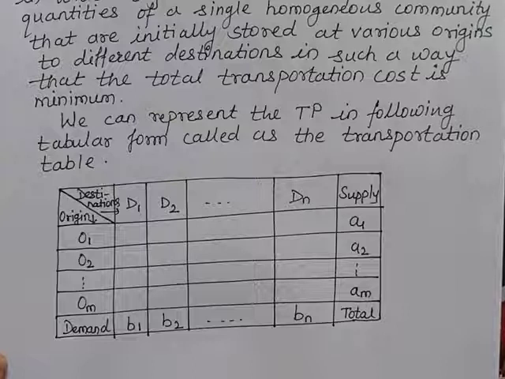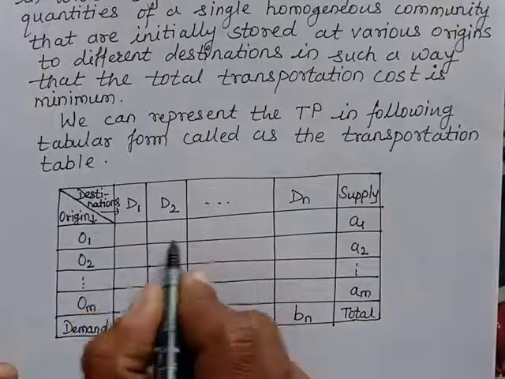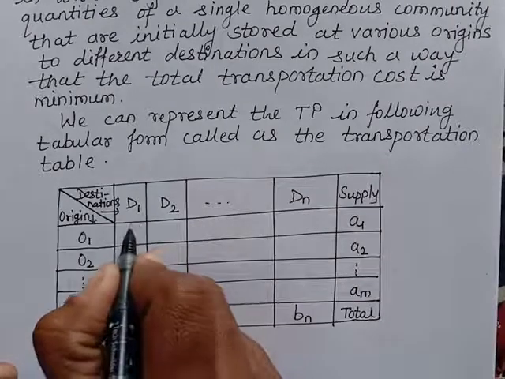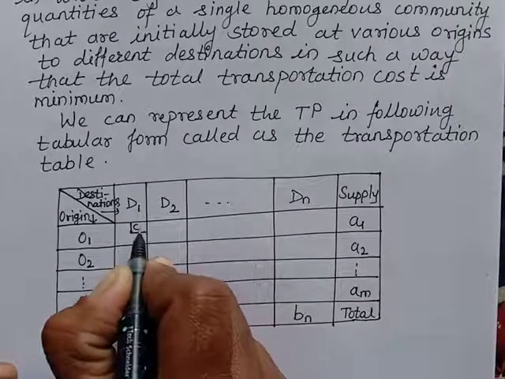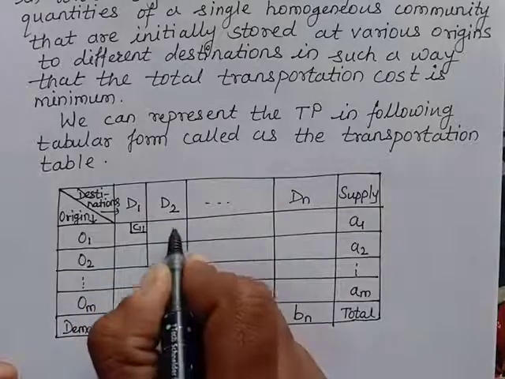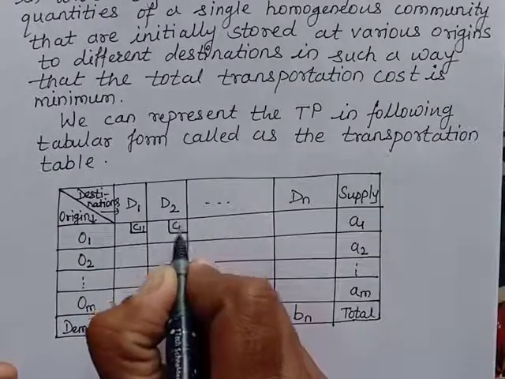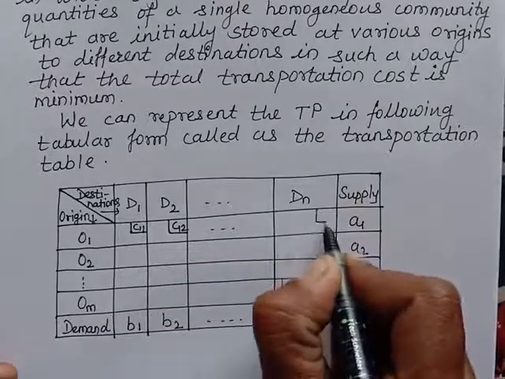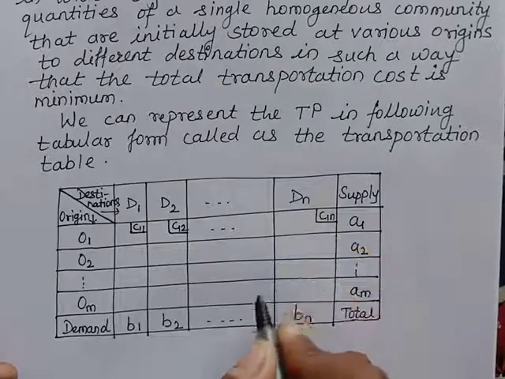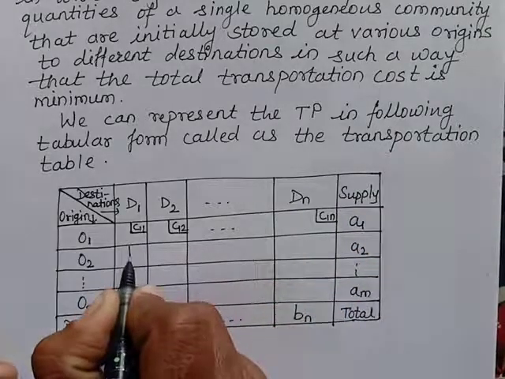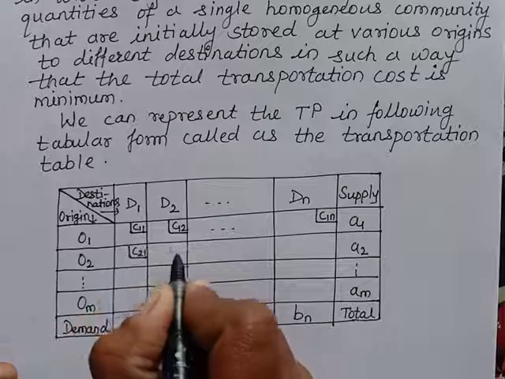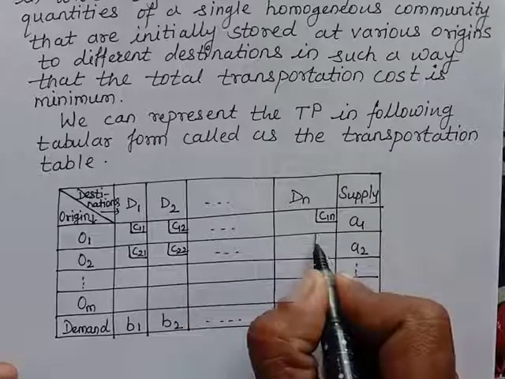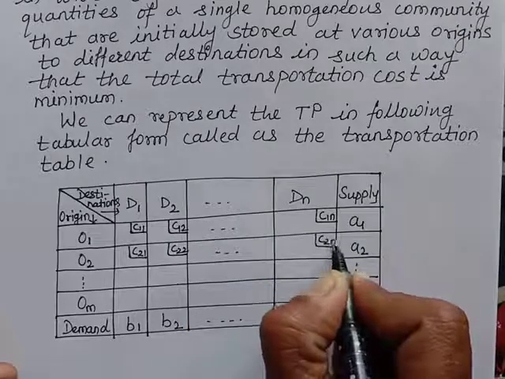Now here we have the cost, that is C11. Here the cost C12 and so on up to here the cost C1n. Similarly here the cost C21, C22 and so on up to C2n.